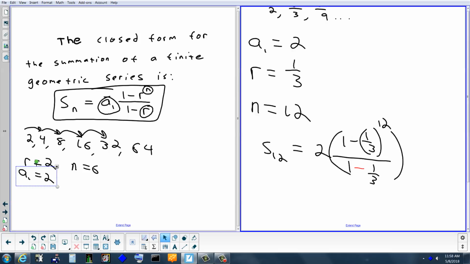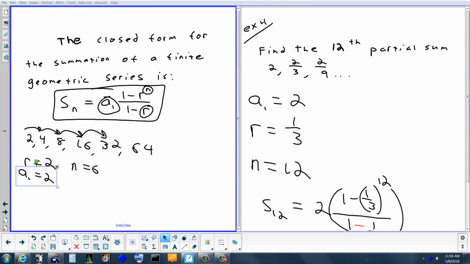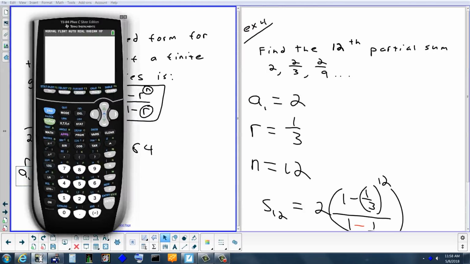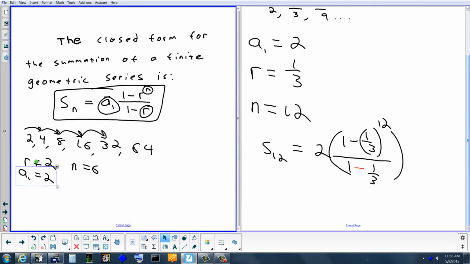Okay, so let's see what that adds up to. All right, let's not use that one. Let's use this one. Okay, it's a little messy to type in because you got a few sets of parentheses, but it's not super bad.